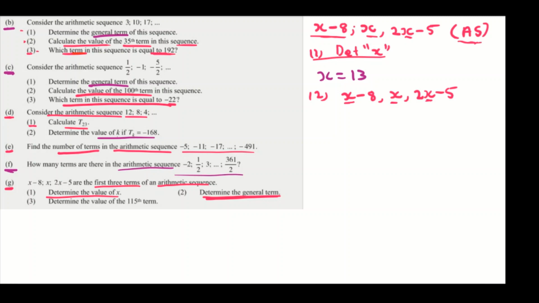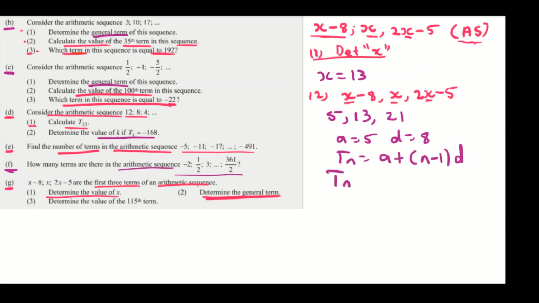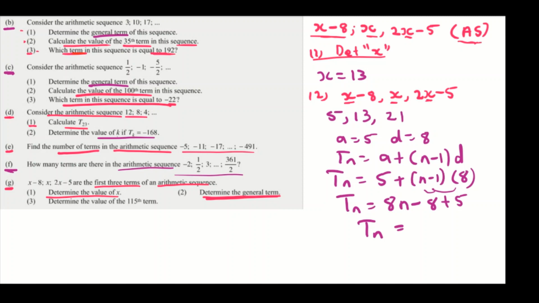To write everything properly, we have 5, 13, 21, a is equal to 5, d is equal to 8. tn is equal to a plus (n minus 1) multiplied by d. So tn is equal to our a value, 5, plus (n minus 1), our d is 8. 8 will multiply throughout, so t subscript n is equal to 8n minus 8 plus 5, and then t subscript n is equal to 8n minus 3, right?